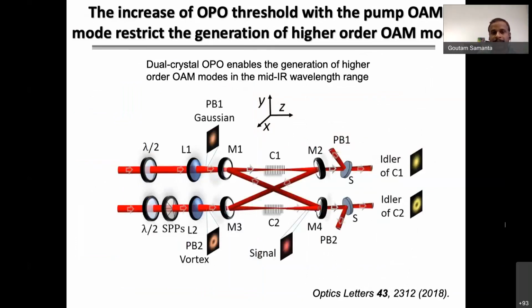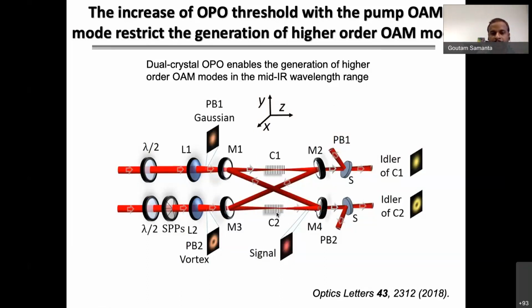So to address this problem, instead of restricting ourselves to the lower order OM modes, we try to transfer higher order modes using a different new scheme, where the system is devised in a cavity, and we have the OPO, and then there is another crystal which helps us with optical parametric amplification.